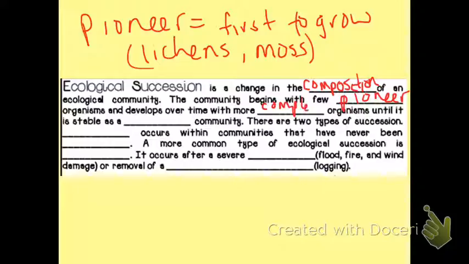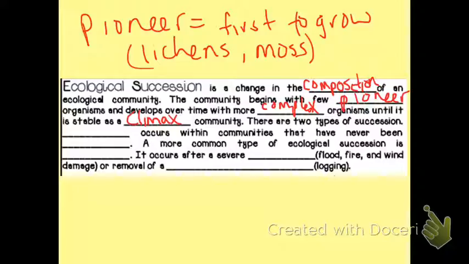Okay, so complex organisms like after time has passed and we start being able to get more and more things growing in that area, we're going to start to see animals and things like that move into the area. Right, so we have over time more complex organisms grow until it is stable as what we call a climax community. So the climax is the most developed a community can get. This is going to be your very mature forest and environments.